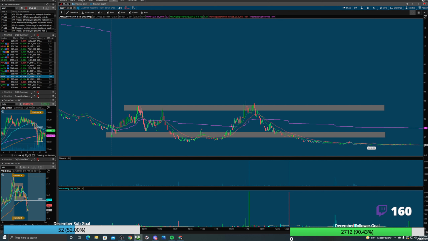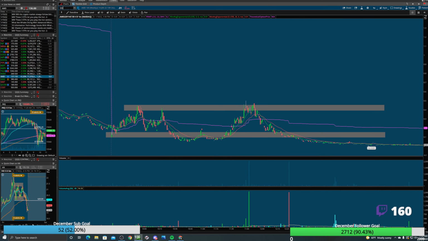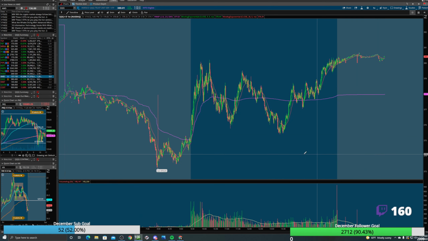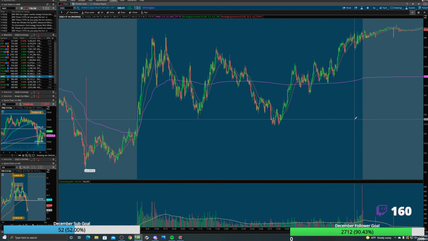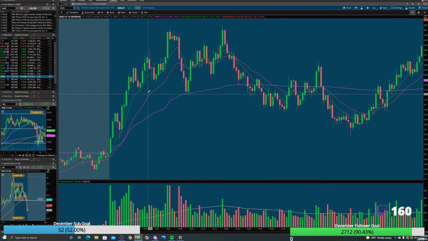So scaling out on those higher highs, would you not have laddered when it pulled back? Remember, you don't want to aggressively ladder, right? I told you guys I only use like one or two at a time, or 2 to 3 at a time, in addition to my original entry, because you will get caught up, right? Think about it this way, yeah, in hindsight this works, but what if you're laddering?